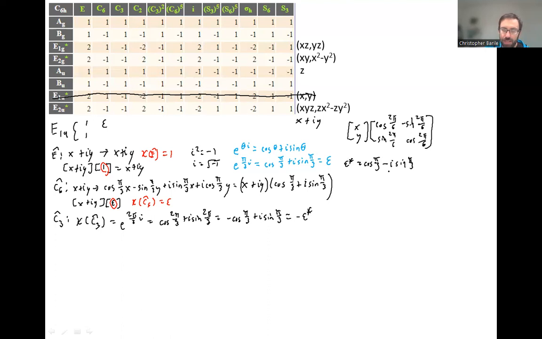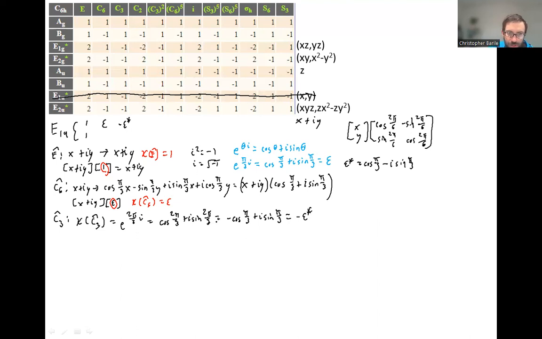So we have a minus i sine pi over 3. Well, if we take the negative of this, then we get negative cosine pi over 3, and we get a positive i sine pi over 3. So this is just a compact way of writing e to the 2 pi over 3 i with this epsilon definition. And so we get negative of the complex conjugate of epsilon.